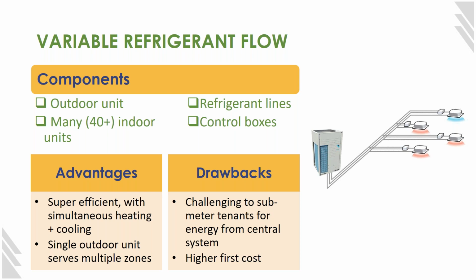And if you can connect those areas that need heating and cooling to the same outdoor unit, instead of doing heating and cooling for each of them individually, it's going to move heat from one zone to another. And that is an extremely efficient way to deliver heating and cooling to a building, and you can get extremely high efficiencies out of these.